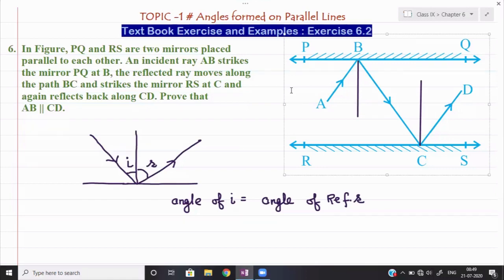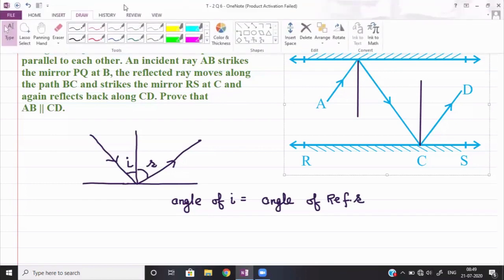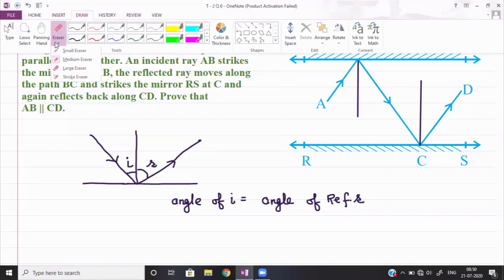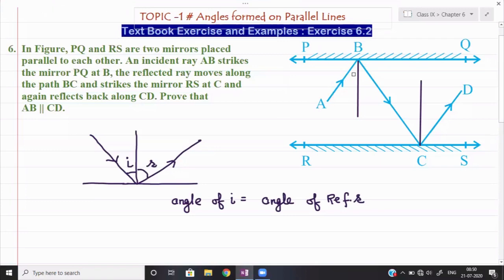Okay, so since this is a part of the construction, we shall draw it as dotted lines. So here with the help of an eraser, first we shall make it dotted. So let me rub some part over here. When you write in your notebook, we shall also make them dotted lines.